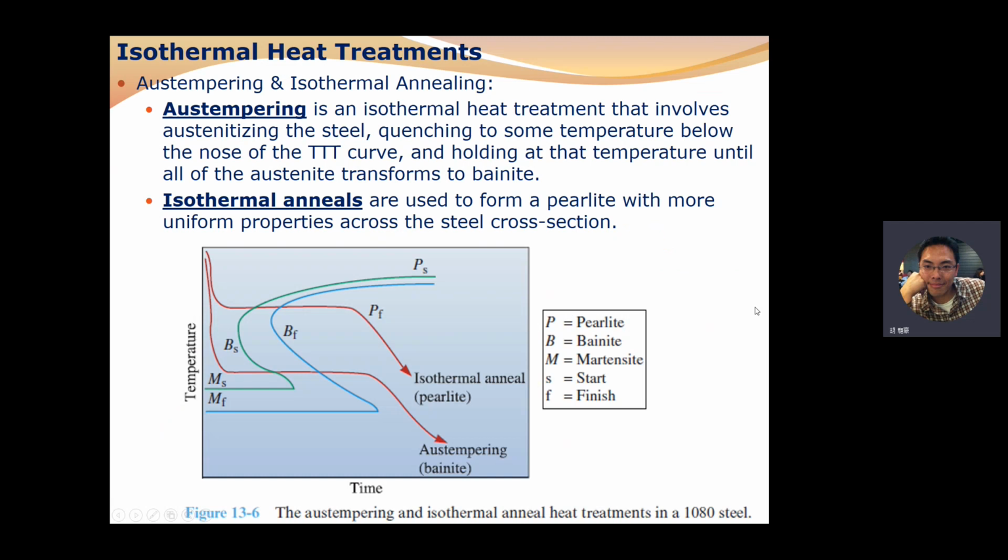Let's compare two different isothermal heat treatments. The first one is called austempering.